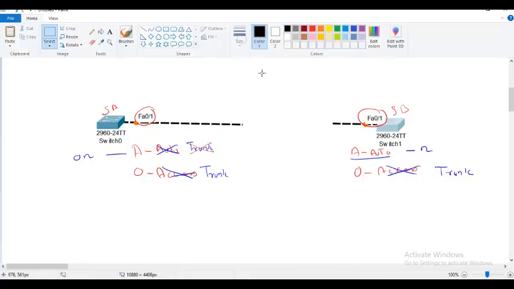This still remains auto, okay? This is still remaining auto. Now, when you manually put this as access, when you administratively configure this as access, this operationally is forced to be only access.